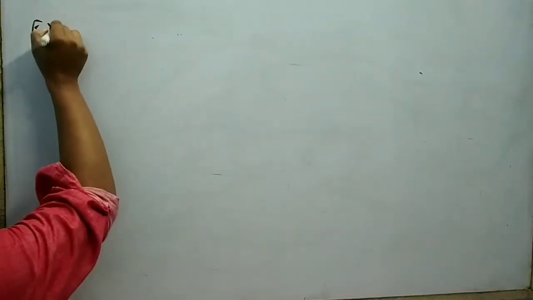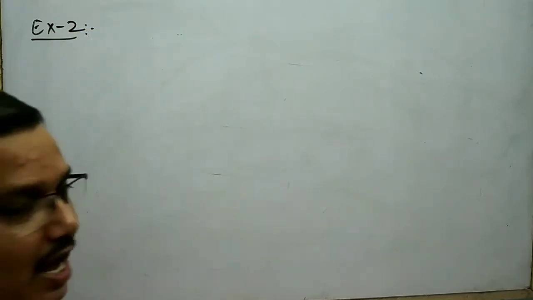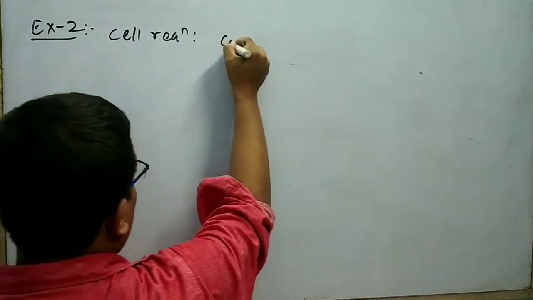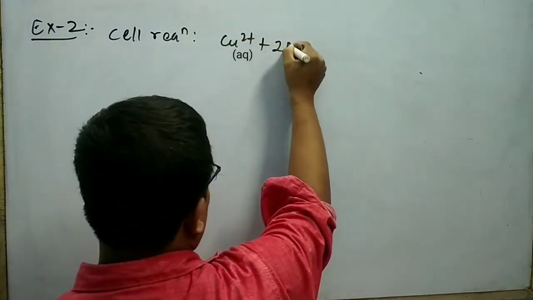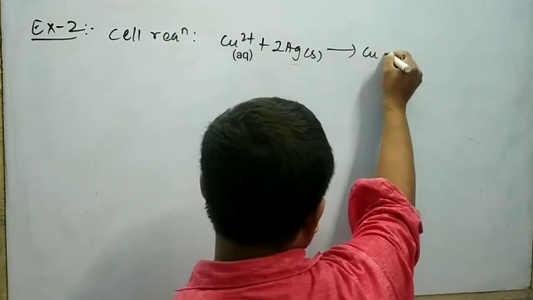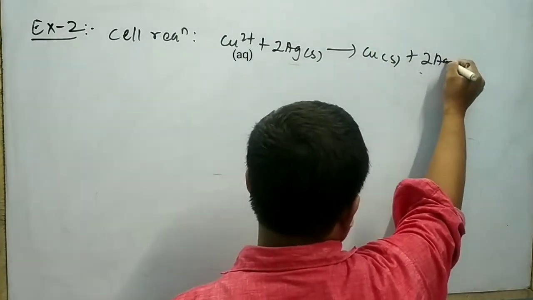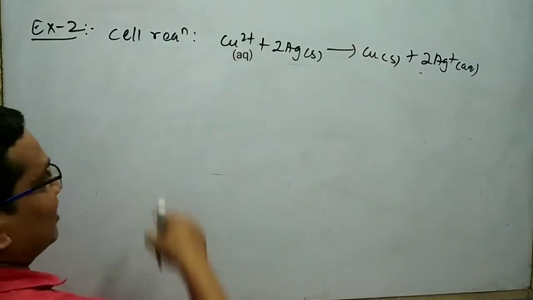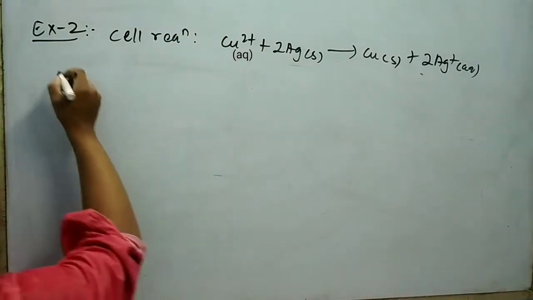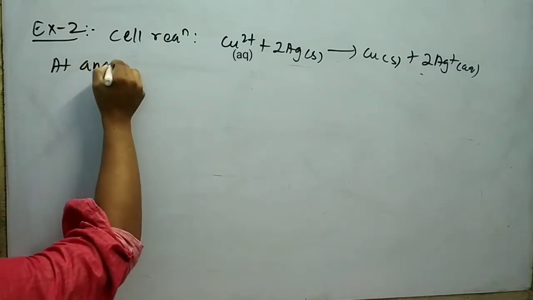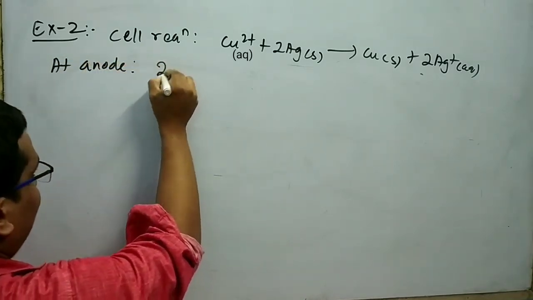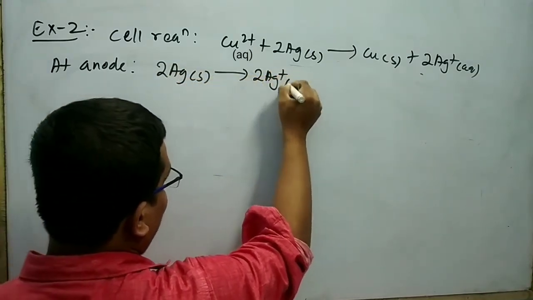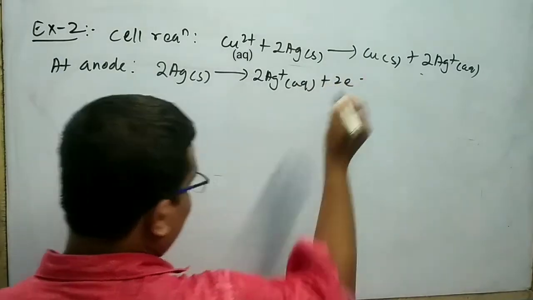Suppose I will take example number 2. Suppose I will write a cell reaction. Cell reaction is Cu2 plus 2Ag solid gives Cu solid plus 2Ag plus aqueous. Then what will be the Nernst equation for this cell? From this reaction it is clear that at anode I can write 2Ag solid gives 2Ag plus aqueous plus 2 electron.